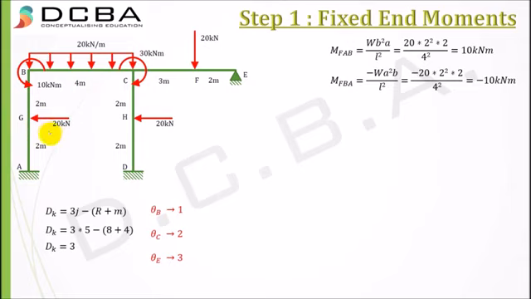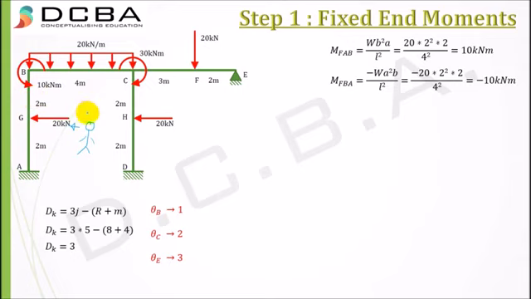But if it had been like this case, if it had not been at the center, how are you going to determine which is A and which is B? I have mentioned this many times: when we solve a portal frame, you are standing inside and you are watching the frame. So when you watch the member AB, you are watching it like this, where A is the start end and B is the end point.